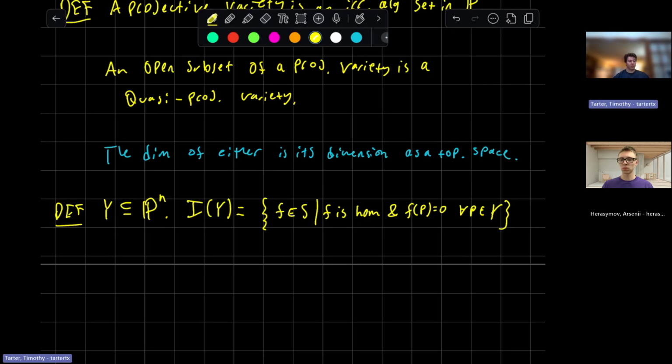We can restrict this to specific functions that are homogeneous, right? And so we're looking at the class of all homogeneous functions which zero out on a point in a variety.